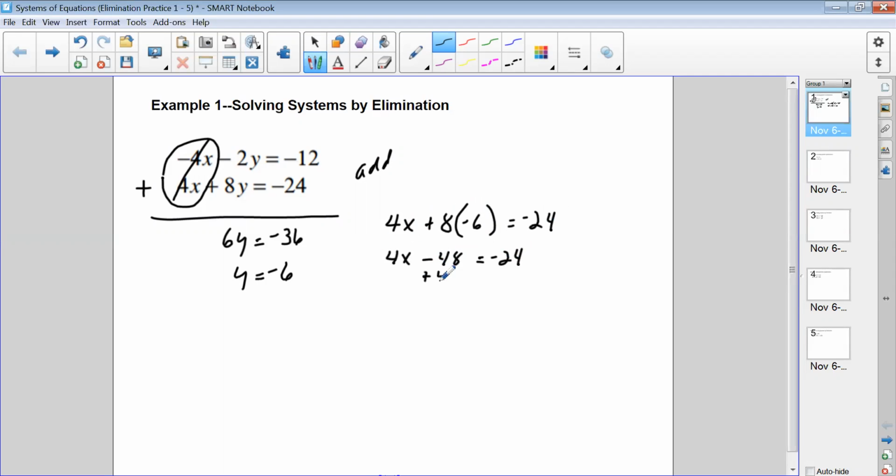So I'll add 48 to both sides, and I get 4x is equal to 24. So divide both sides by 4, you get x equal 6. So the ordered pair would be 6, -6. That would be your solution.